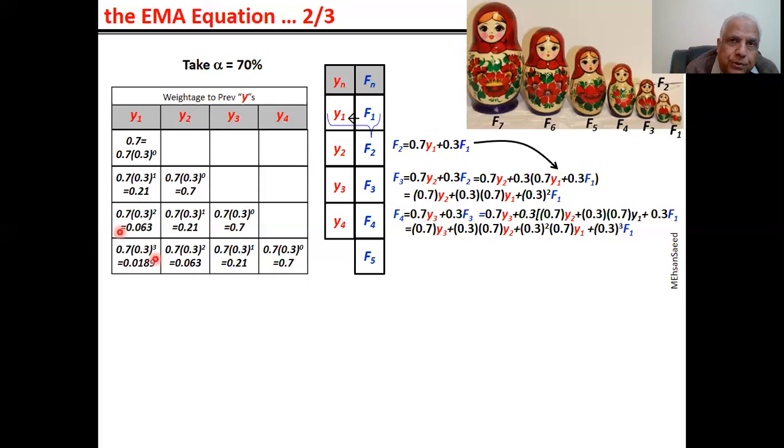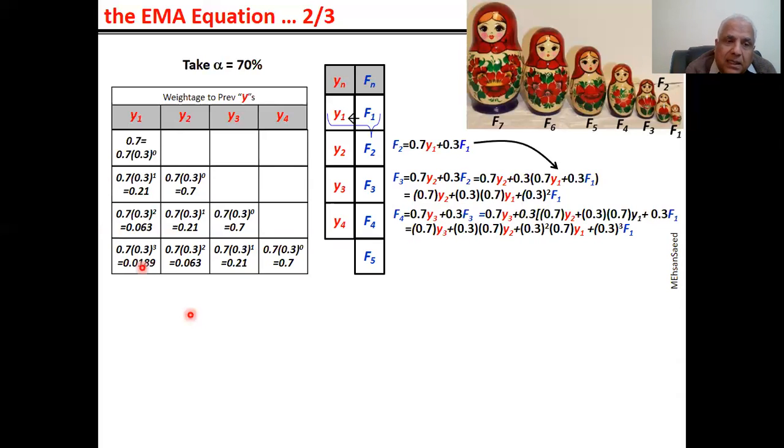By the way, I hope you know, when the number is less than 1, and as you increase the power, the value reduces. 0.3 raised to the power 0 is 1, but 0.3 raised to the power 1 is 0.3. 0.3 raised to the power 2 is 0.09. So the value is reducing if the number is less than 1.